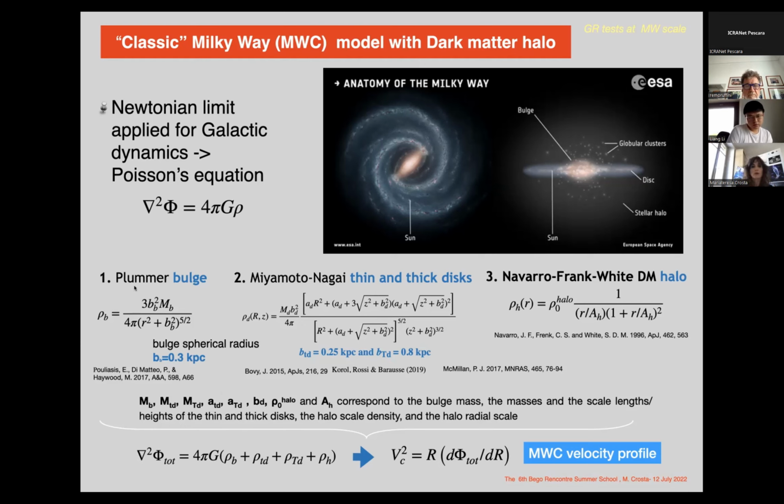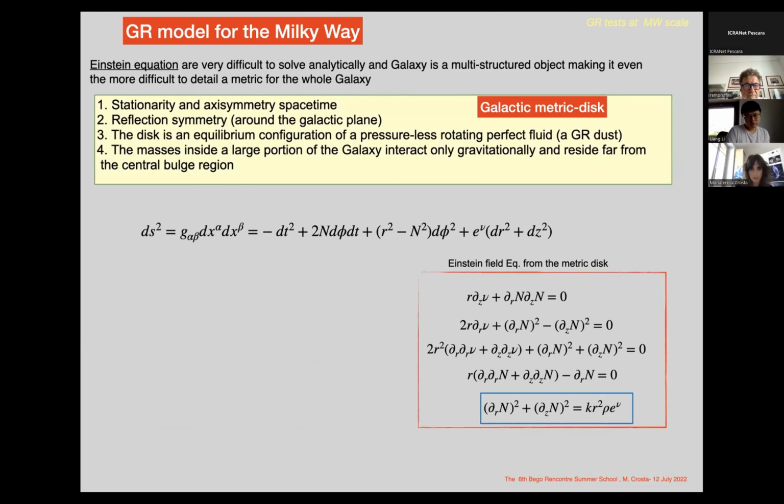Each of these components contributes to the Poisson equation. So basically, in the classical model for the Milky Way, the dynamics is ruled by the Poisson equation, and from solving it we get the classical Milky Way velocity profile.